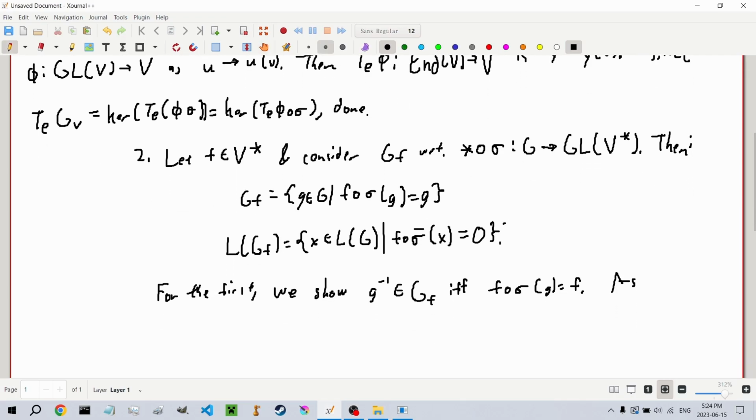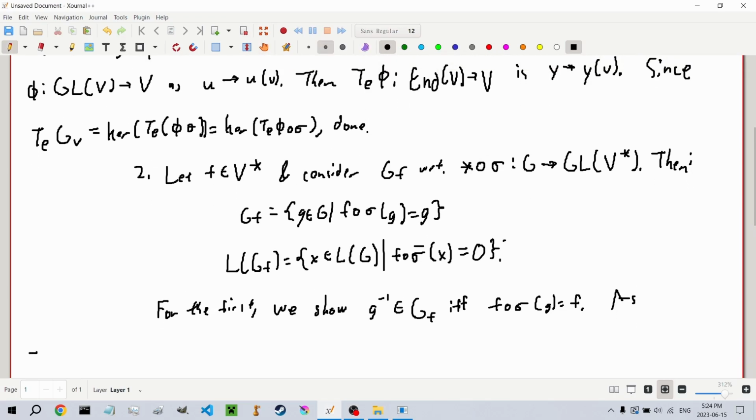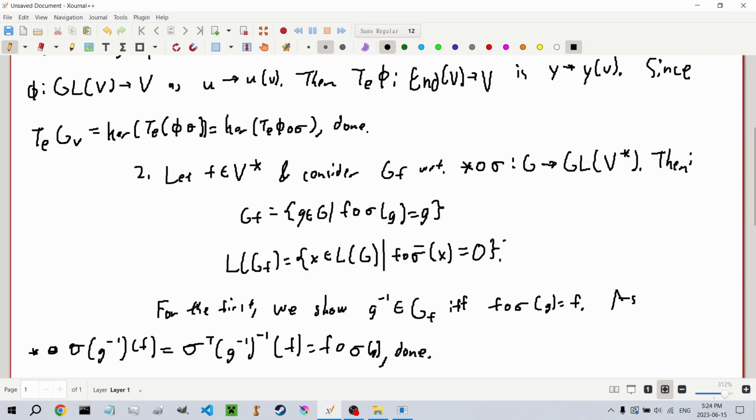As the composition of our star with sigma of g inverse of f being sigma transpose of g inverse inverse of f being f of sigma g. And so we are done by the definition of the stabilizer.